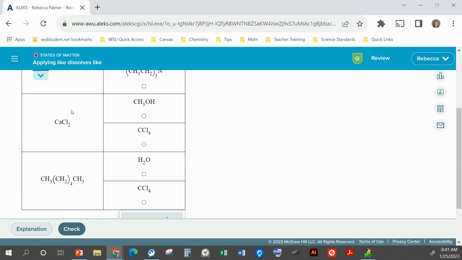All right, this one, is this ionic or covalent? Or molecular, I guess. Ionic or molecular? This is ionic. So ionic dissolves in polar. This is ionic because calcium is a metal. So ionic dissolves in polar. Which of these is polar?